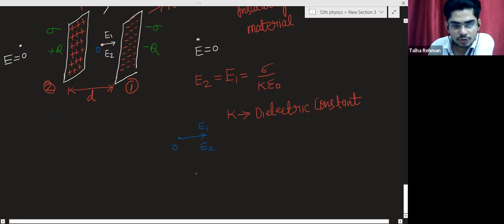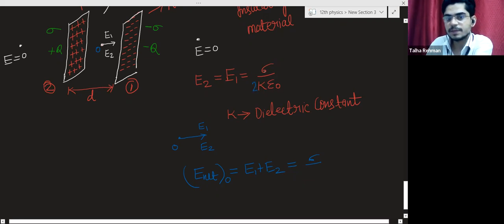Okay. So E net, the electric field at point O, is equal to E1 plus E2.